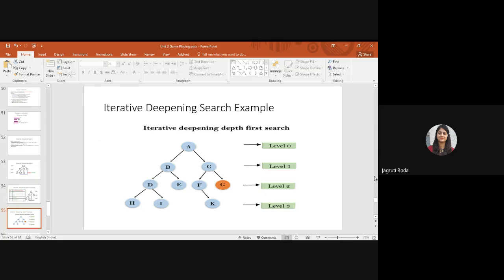You have to find a path using iterative deepening depth first search and give me the final answer at level number 3.